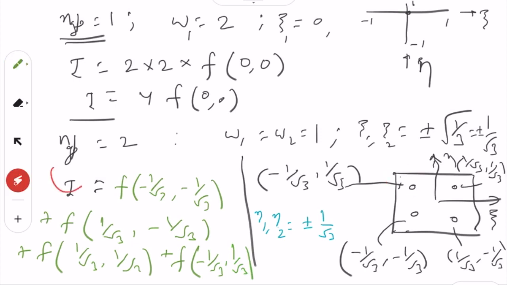So we get I simply by adding the value of this function at these 4 points. That's it.